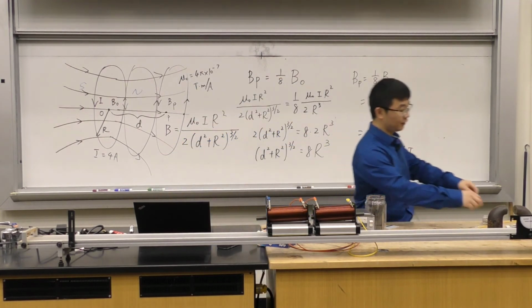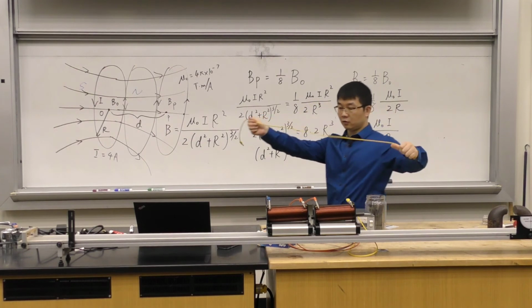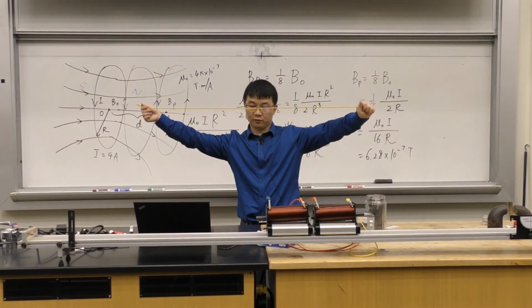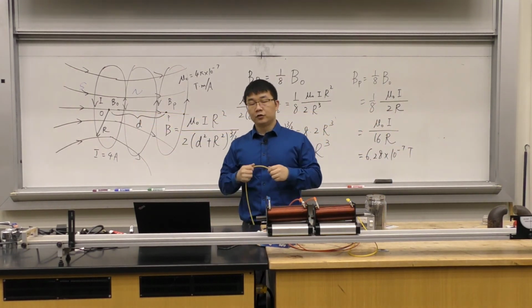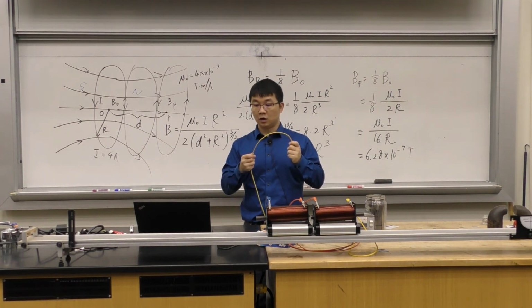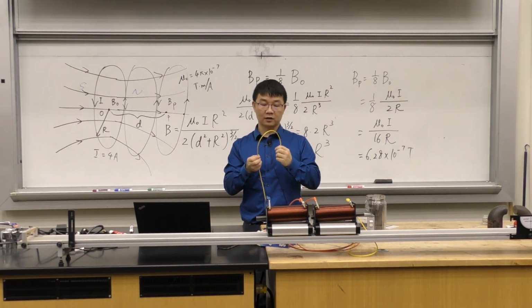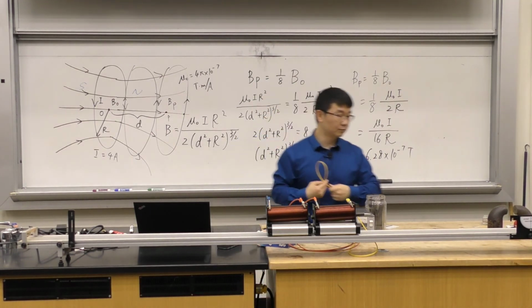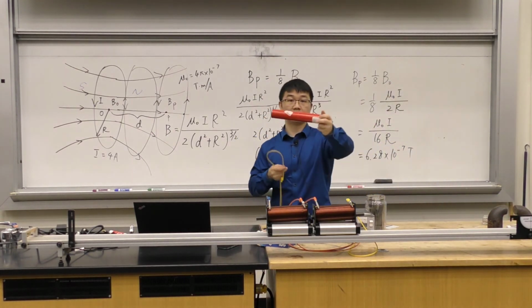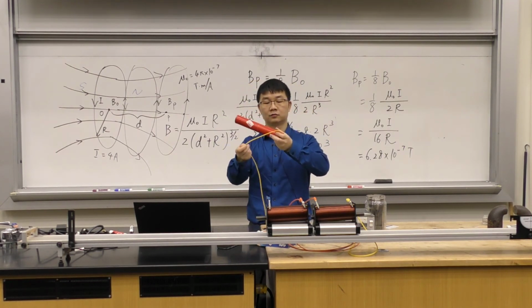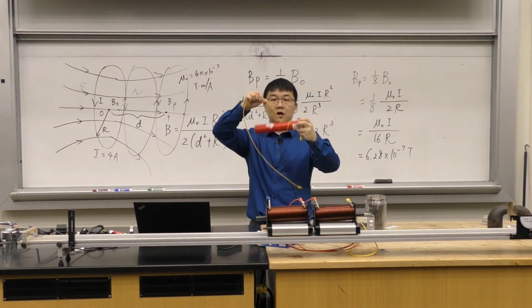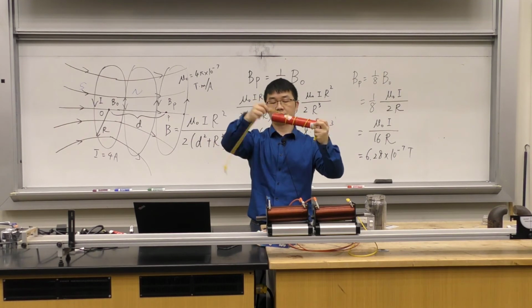You just have a very long wire. Now this is not long enough, but I just want to show you the idea. You wrap the wire on a cylinder, an iron core, so it's going to become many loops. For example, this is a core, and I'm going to wrap this wire on the cylinder. See that? Now I'm just making many loop currents.